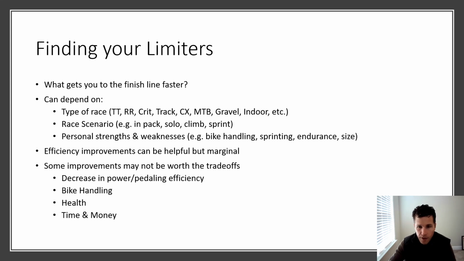And same thing with all of these things. We make improvements, but the more we improve, the more marginal those gains get. Maybe those are significant in certain people, in certain types of events, and in others it can just be a waste of time and money.